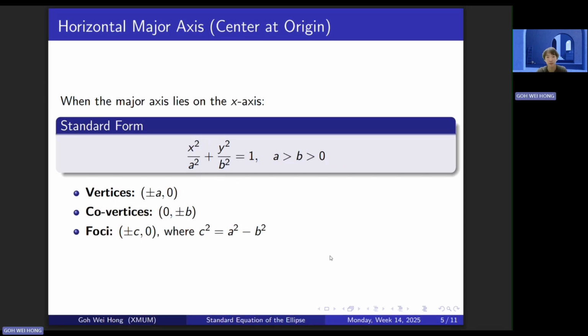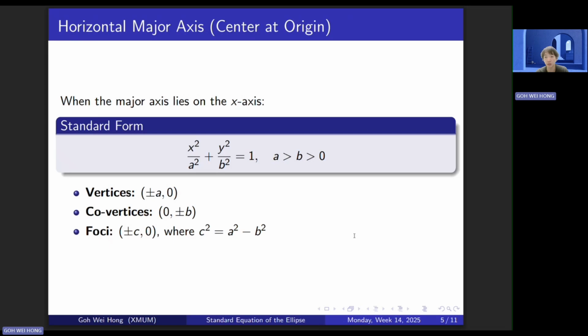Slide 5. Now, let's look at the standard equation when the ellipse is horizontal, meaning it is wide like a football. The bigger number is under x. The equation is x squared over a squared plus y squared over b squared is always equal to 1. Remember this simple rule.